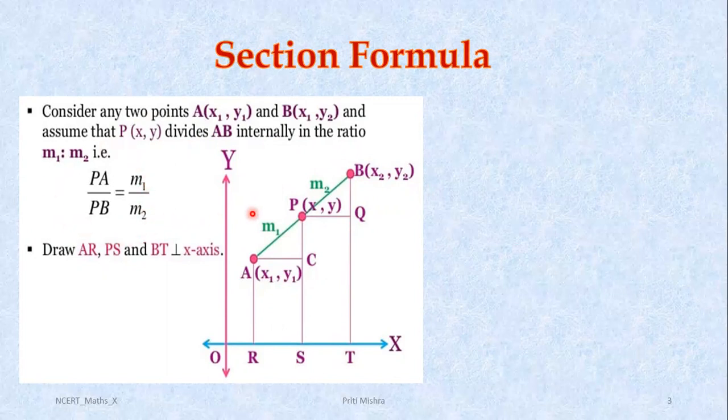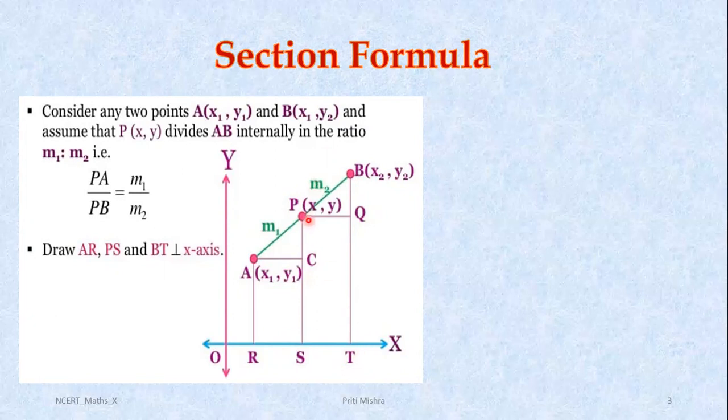As we have to derive the section formula, we are going to drop the perpendiculars AR, PS and BT from the points A, P and B on the x-axis. After that, we will drop perpendicular AC from point A to the line segment PS, and AC is parallel to the x-axis.